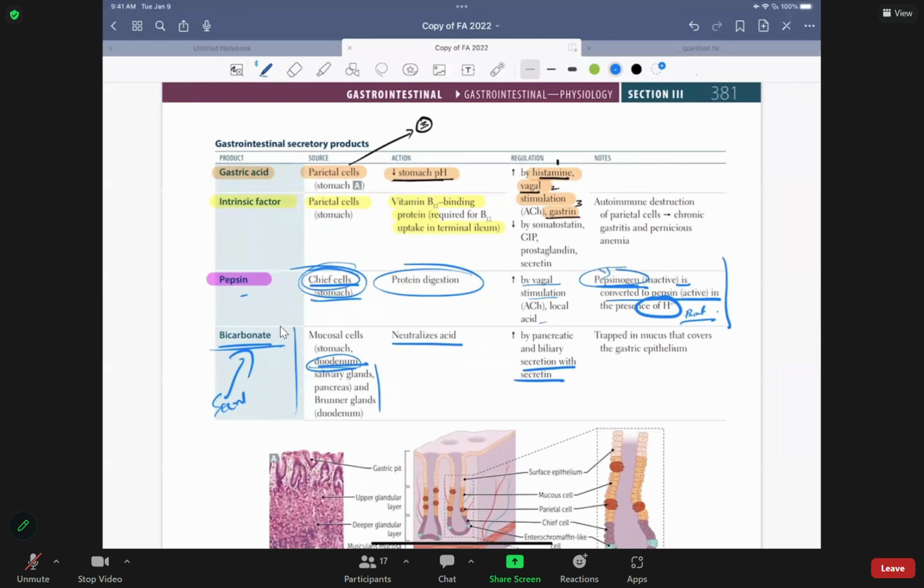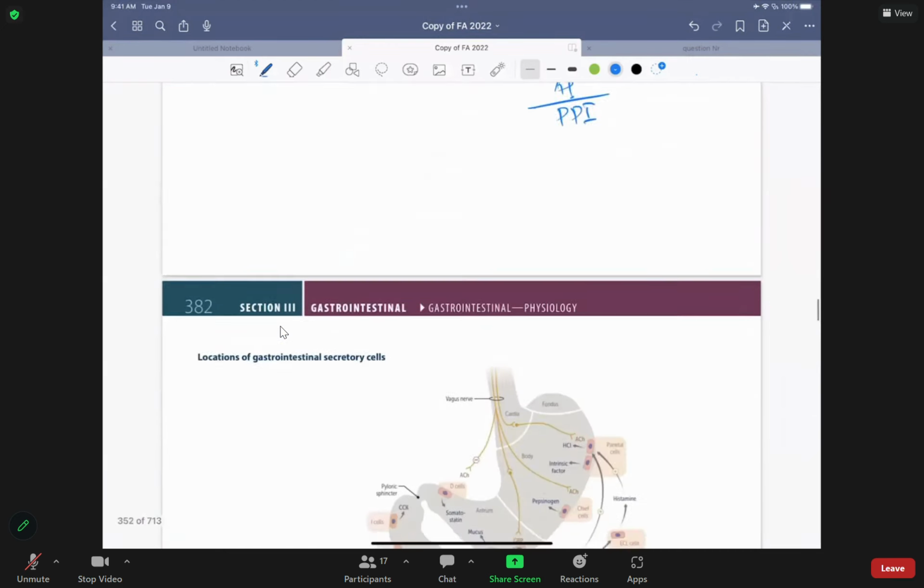Pepsinogen is the one that is produced, and then it's converted to pepsin by the presence of H+. Because it started with pepsin, I was thinking maybe pepsin. I know, but they just put the name because that's an active form, right? Think about it. Angiotensinogen, fibrinogen, pepsinogen, trypsinogen, all of them are inactive. They have to be converted. So that's what it is. Thank you. So that's this part.